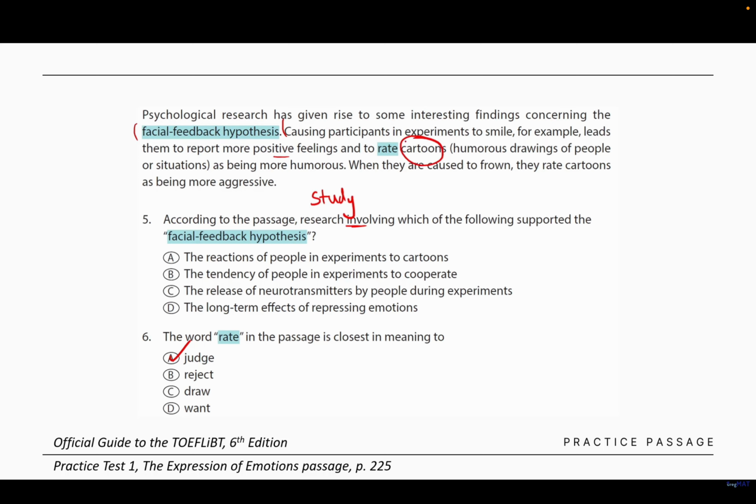They rate cartoons. Okay, that's the only information we have. All right, what's the answer? Yeah, it's A. It has to be A, right? The reactions of people and experiments to cartoons. Yeah, there's nothing else. Great job.